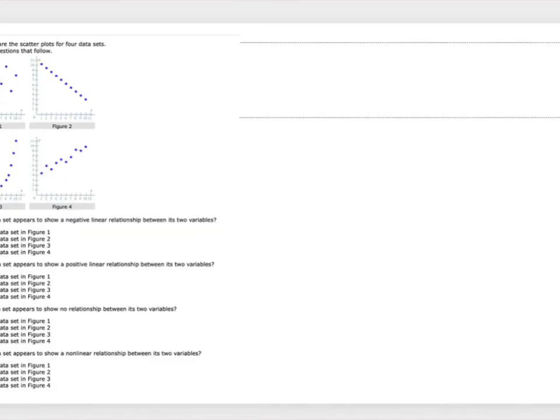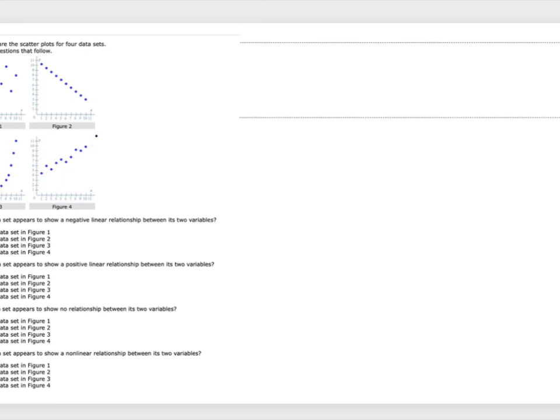Okay, so here we have another one to analyze. It says shown below are the scatter plots of 4 data sets. Answer the questions that follow. Okay, this is very scattered. This is a negative correlation. This is nonlinear, isn't it? It's not even a line.